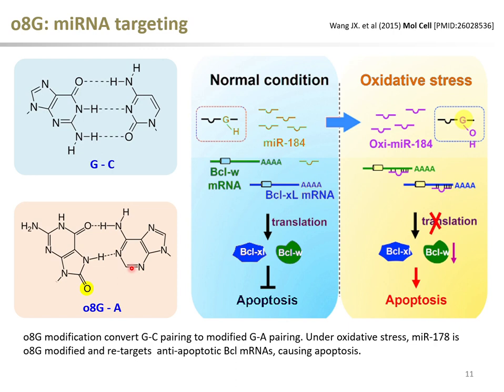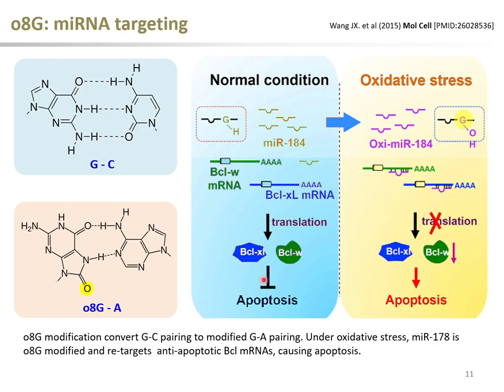RNA modifications can alter mRNA targeting specificity or activity. 8-oxoguanine, 8oxoG, modification is typically generated by intracellular reactive oxygen species, ROS, making 8oxoG base pair with A instead of the original G with C, therefore altering the mRNA species being targeted.